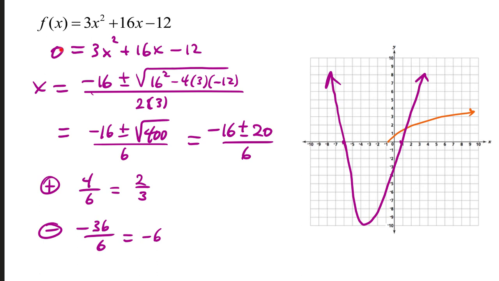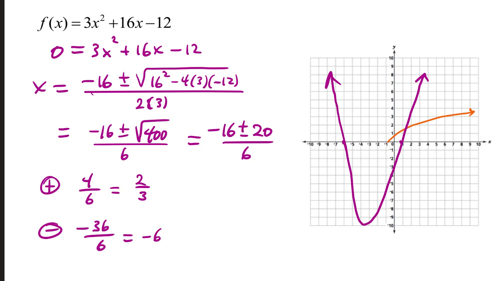Set your function equal to 0, solve for x. x is equal to -16 plus or minus the square root of 16 squared minus 4 times 3 times -12, all over 6. We have a -16 in the upper left, 6 in the denominator. The discriminant is a positive 400, and that tells us we're going to have two x-intercepts, two real solutions. The square root of 400 is exactly 20.